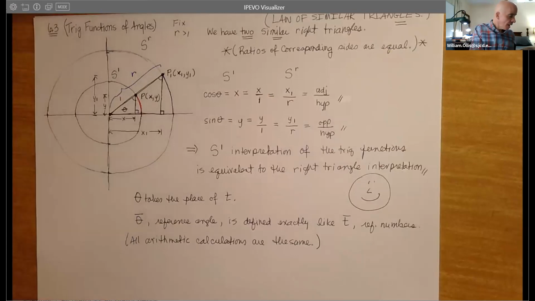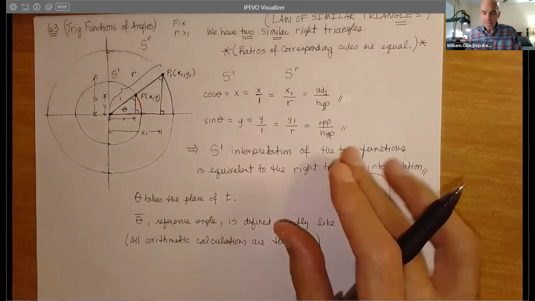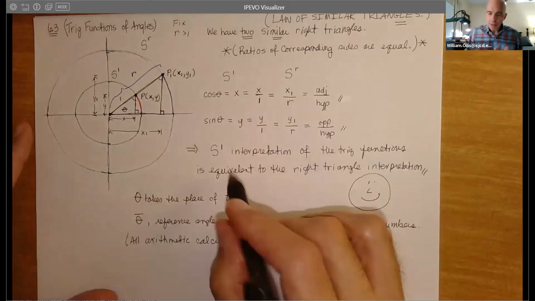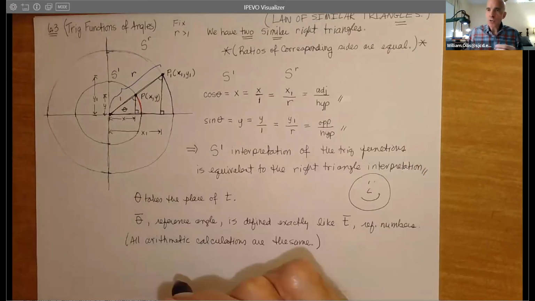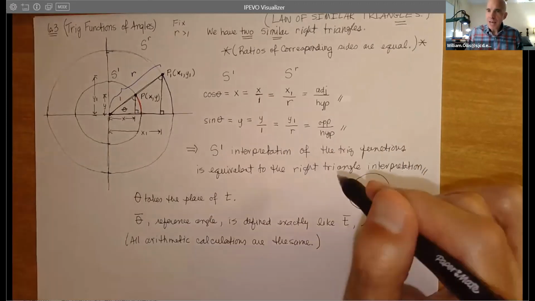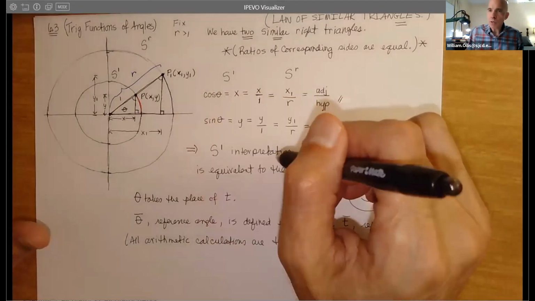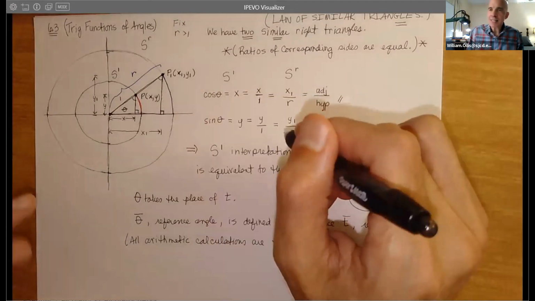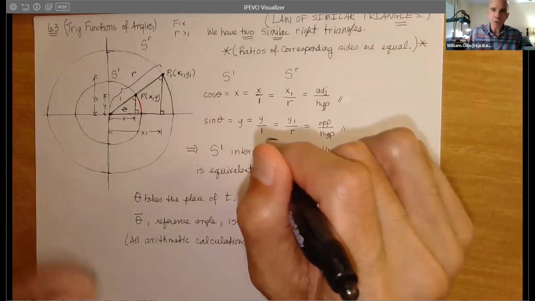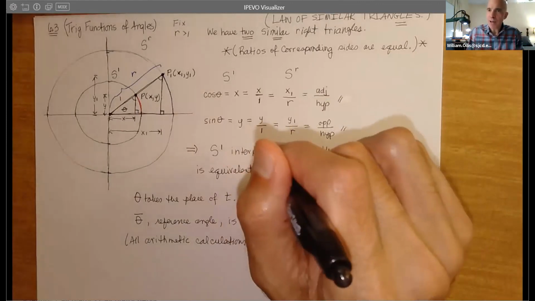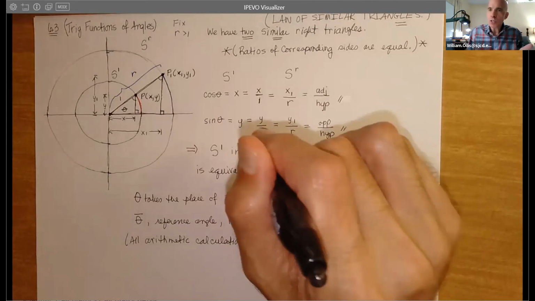Now, I want to look at some examples where we actually do some calculations. Like I say, in this section, anytime you see reference number or you compute trig values or anything, you do it exactly like you did in 5.1, 5.2, way back when you just started the unit circle.